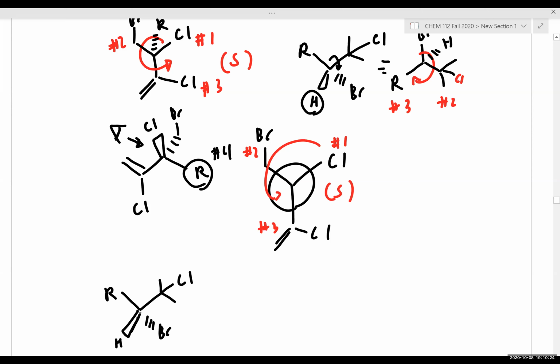If hydrogen's the lowest priority, we're going to look at this molecule from the opposite side. And that in turn gives us a molecule where the chloride's on the left, the R group's on the right, and the bromine's pointing down.